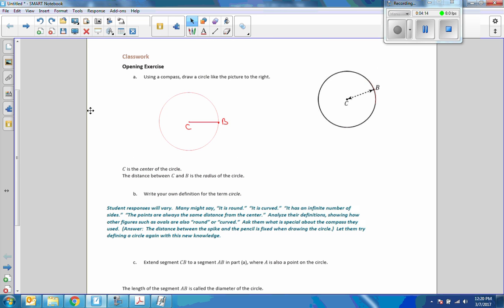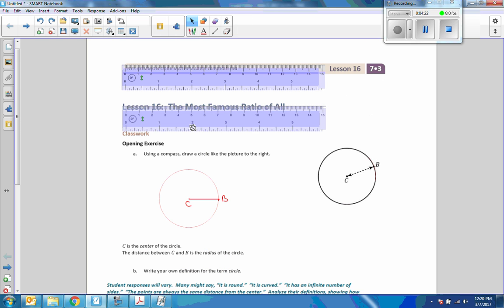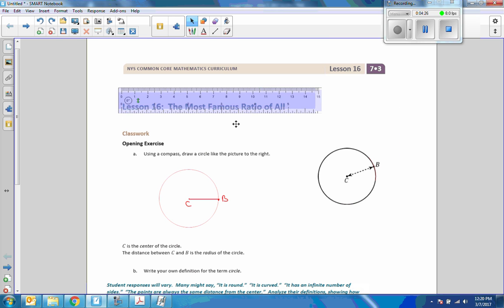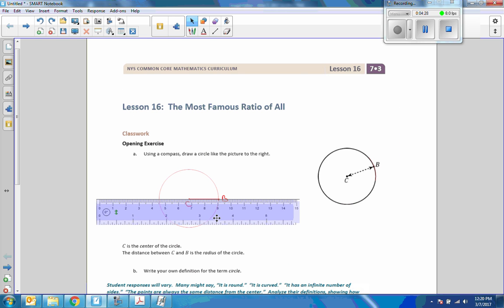So now I need to go back and get my compass. Or not my compass, but my ruler. Where is it? Oh, there it is. I made two. Hang on. Bring this down. So where could A possibly go if it's going to be on the circle, but also on that same line CB?